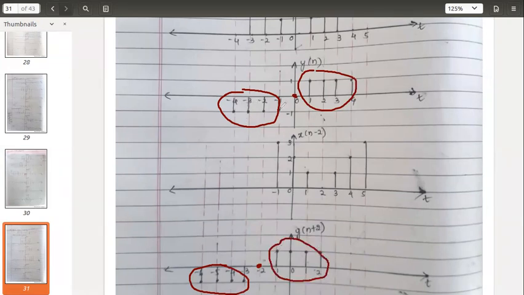So totally 4 plus 4 plus 1, 9 samples are there in the original signal. When you shift the signal, total 9 samples should be there. Only the thing is, time has been changed. Signal should not be lost. No sample should be lost. Okay, don't skip any of the samples.